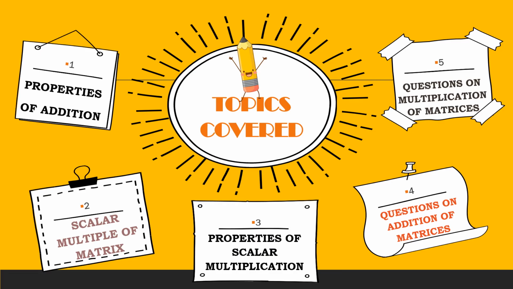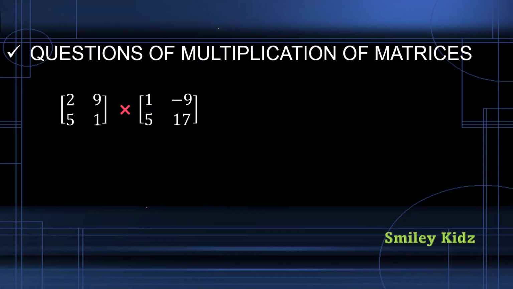Moving to the last topic of today, which is the questions on multiplication of matrices. Let's quickly dive into it. Now here you have the questions on multiplication of matrices. Here you have 2, 9, 5, 1 and 1, minus 9, 5 and 17. Here this is row 1 and this is row 2.